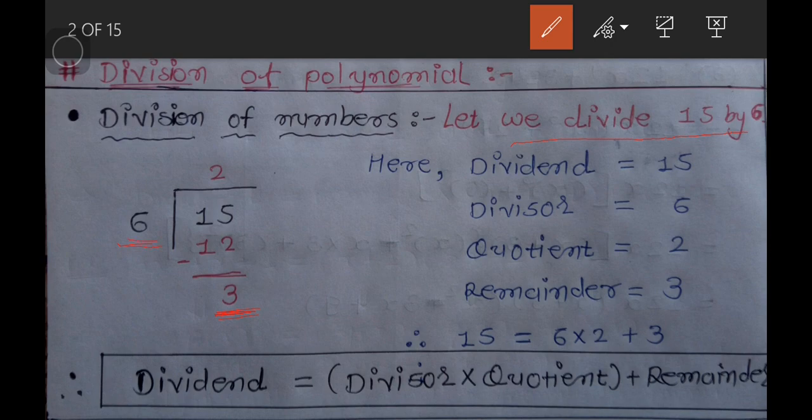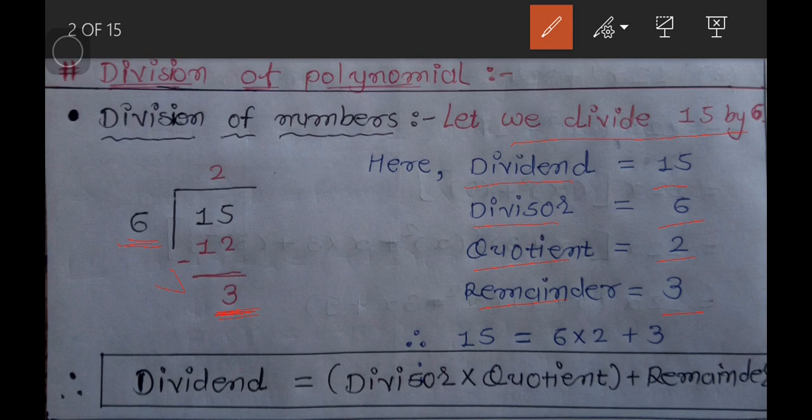So here we know that 3 is less than 6, so we stop our process here. Now we know that here dividend is 15, our divisor is 6, and our quotient is 2, and remainder is 3.